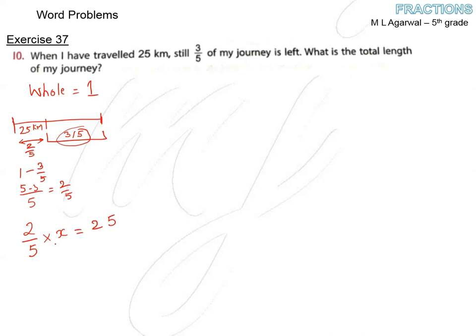So I have to remove this 2 upon 5. I will do a reciprocal. So I will say 5 upon 2 into 2 upon 5 multiplied by x is 25 multiplied by 5 upon 2. I am doing it on both sides.